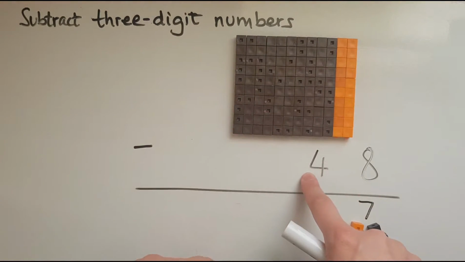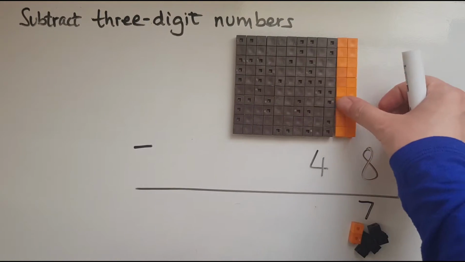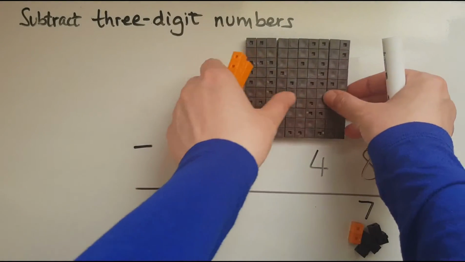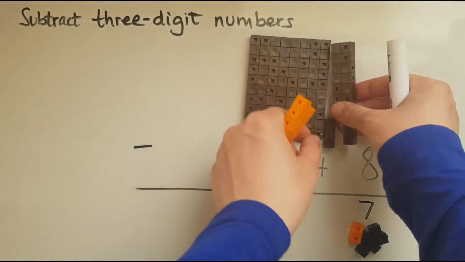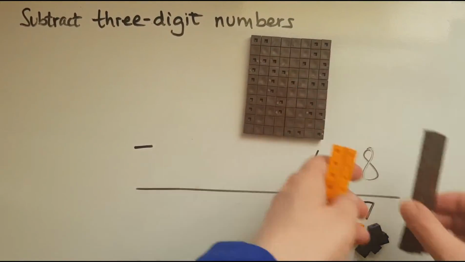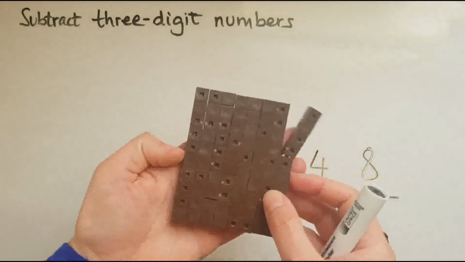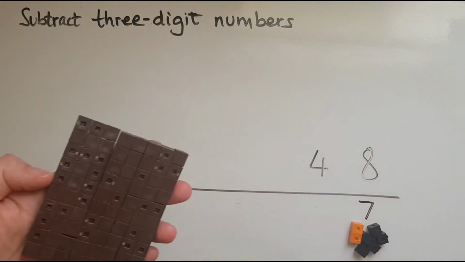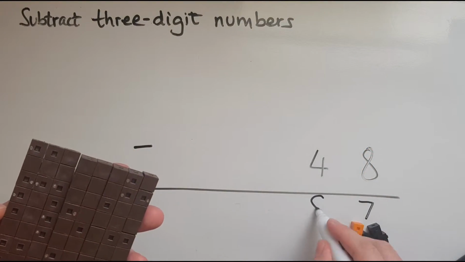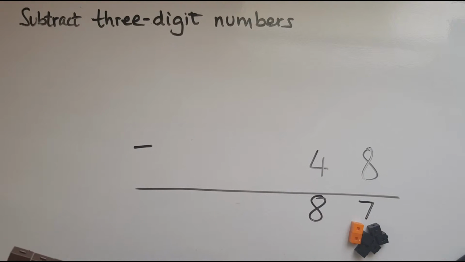Now 12, I can take away 4. I'll take these 2 away and another 2. So that leaves me with 8 now. So my answer is 87.